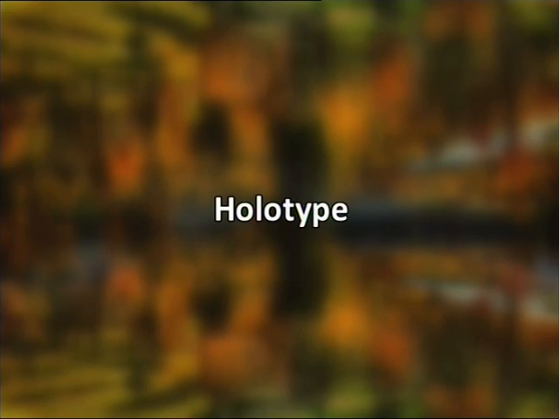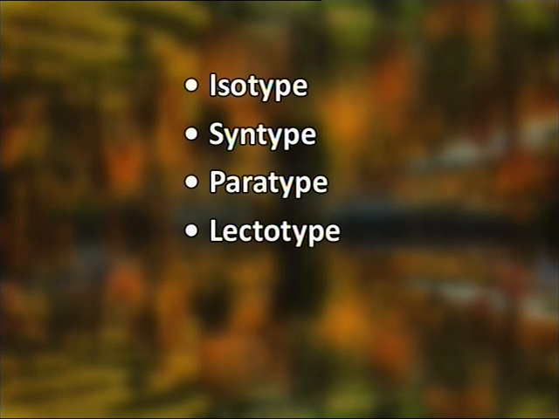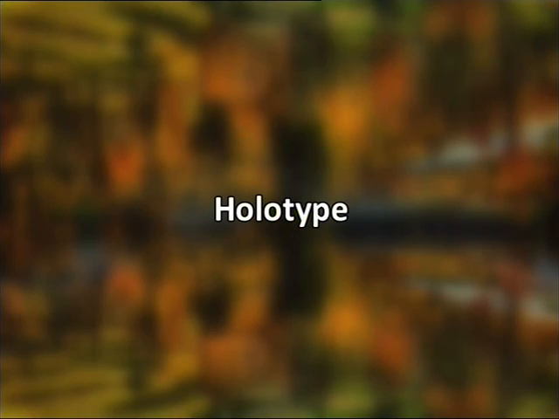The International Code of Botanical Nomenclature recognizes several kinds of nomenclatural types, the most important of which is the holotype. The other types are isotype, syntype, paratype, lectotype, neotype and epitype. Now we will discuss these types one by one. Holotype.